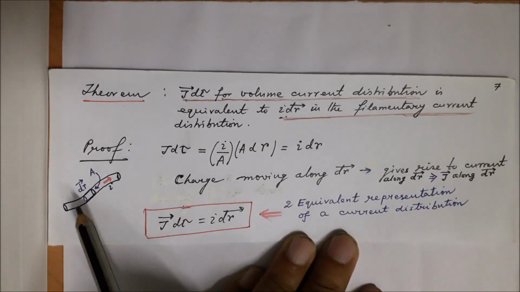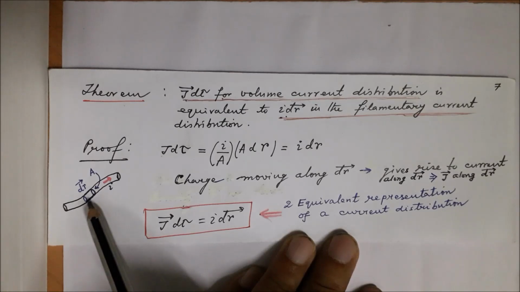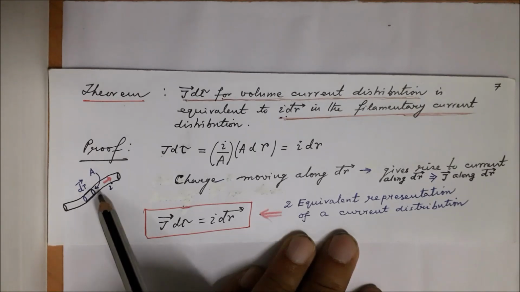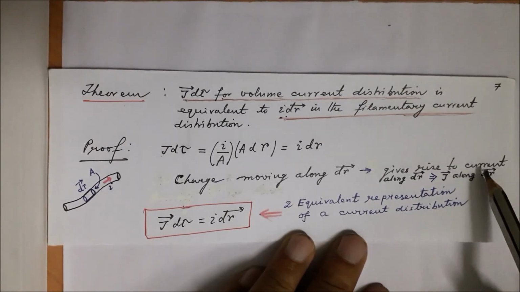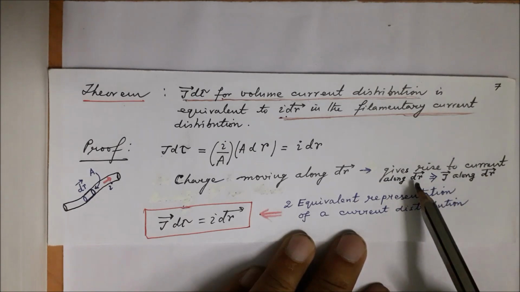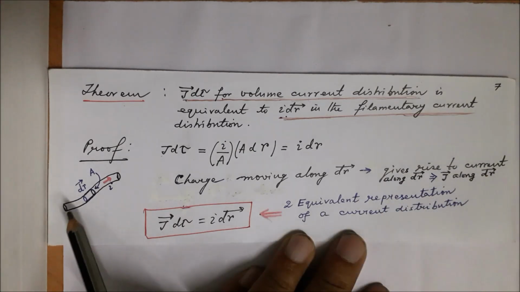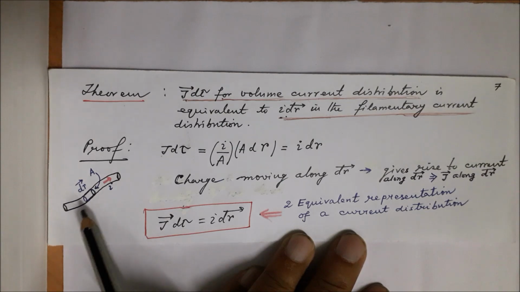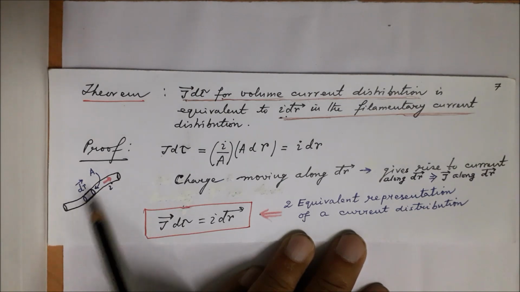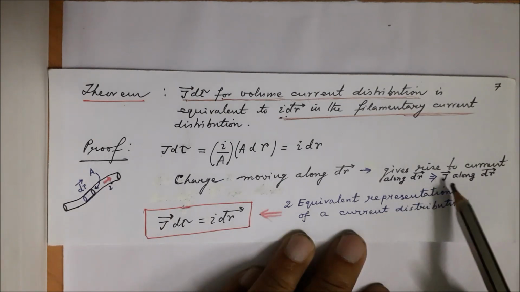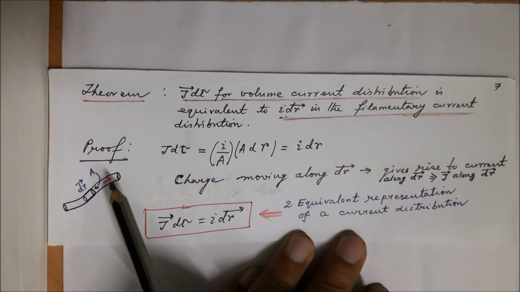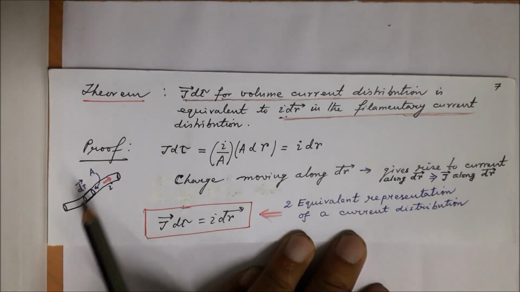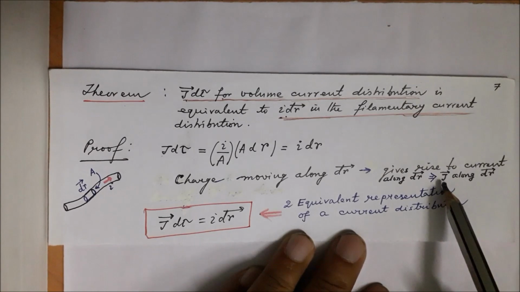So as charge is propagating through this length element, obviously it will generate a current, and this current is along dr because the movement is along this direction, so the current also is expected to be along this direction, and therefore vector j that describes this current will also be along this direction, it being a vector quantity.